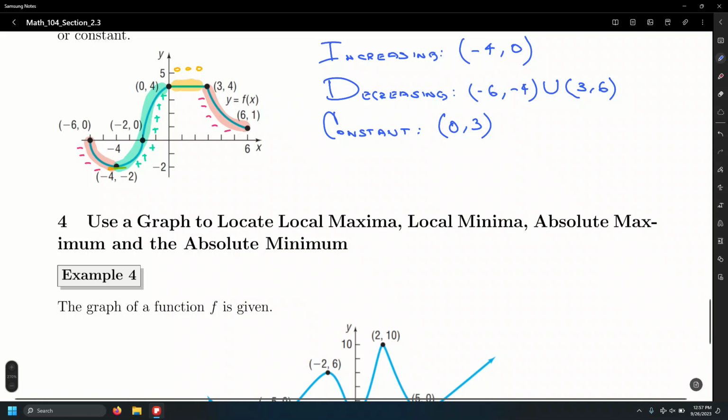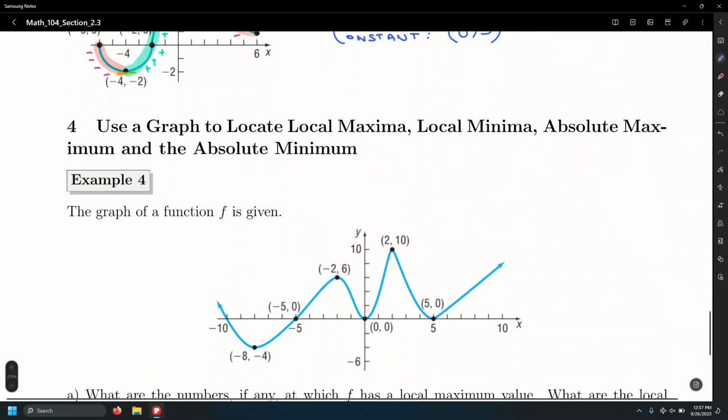We want to locate maximum and minimum values, but there are two different maximums and two different minimums. There is what we call relative maximum and relative minimum, and there is what we call absolute maximum and absolute minimum. Number one, how to identify these maximum and minimum values?